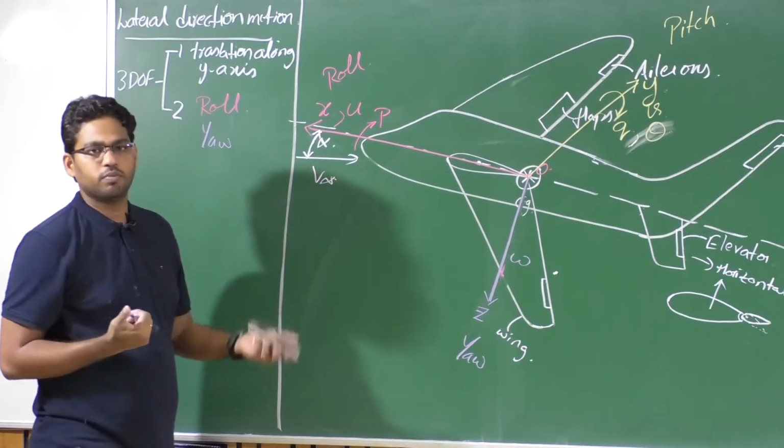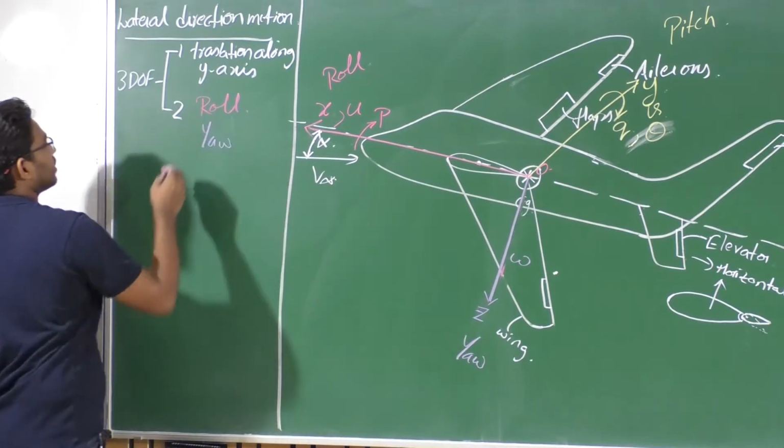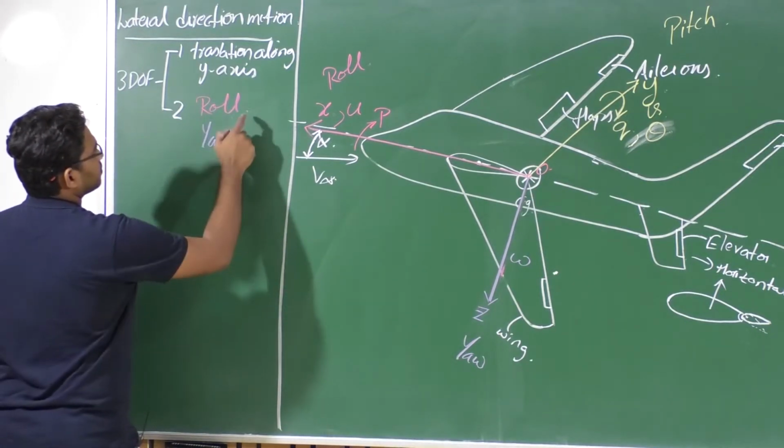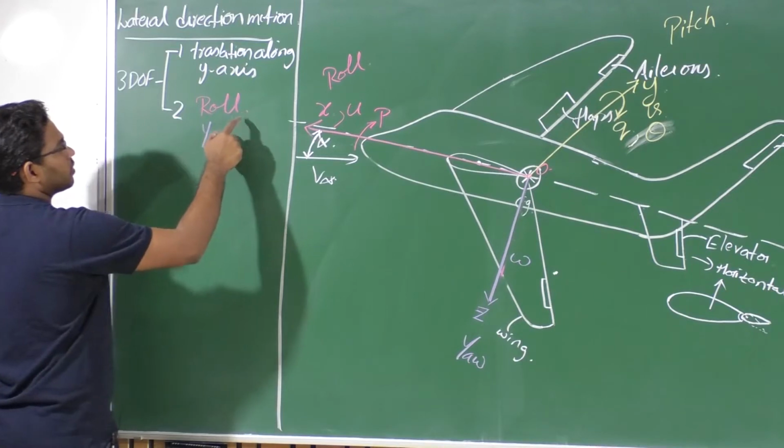Which are caused by moments. So the corresponding moment about the x-axis is known as rolling moment.